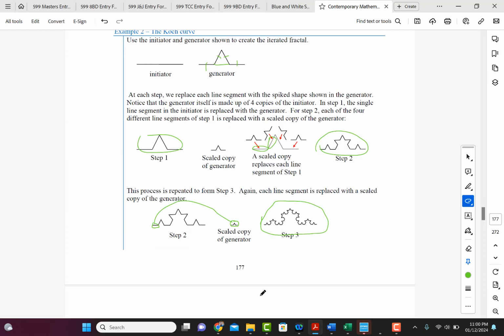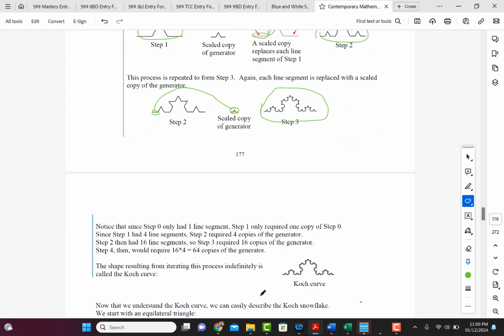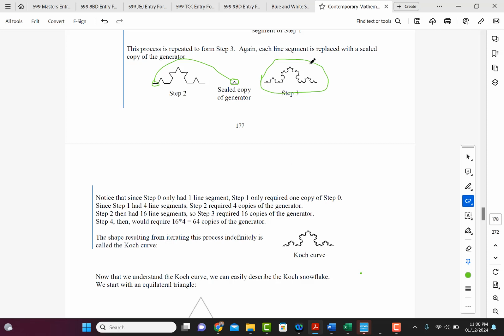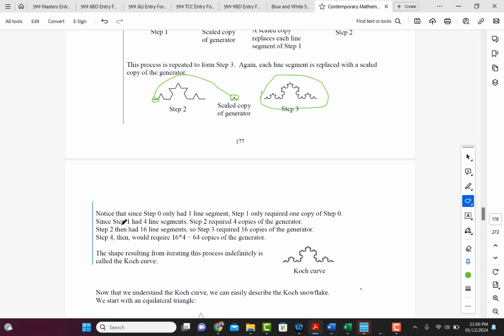Now, for the Koch snowflake, we'll get to that in a second here. So it says, notice that since step 0 only had 1 line segment, step 1 only required 1 copy of step 0.